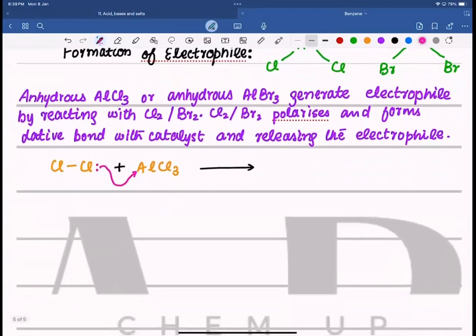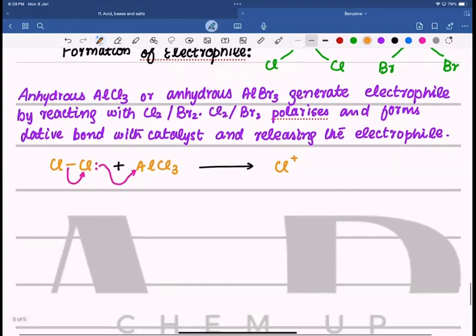In the meanwhile, chlorine breaks this bond and takes this pair of electrons along. As a result, the chlorine that is left behind has 1 electron less, so it becomes a positive ion. The one which approaches the AlCl3 becomes Cl negative, a chloride ion. When that chloride ion joins with AlCl3, it turns into AlCl4 negative.